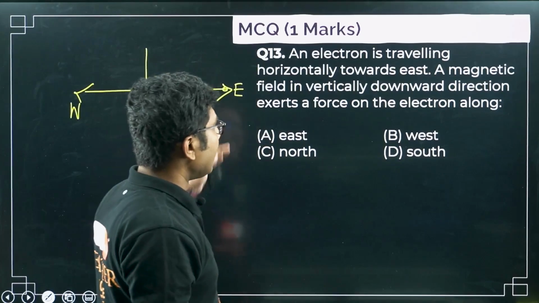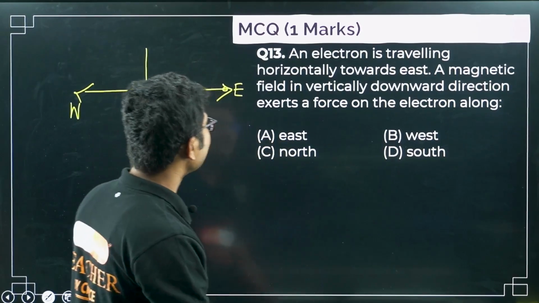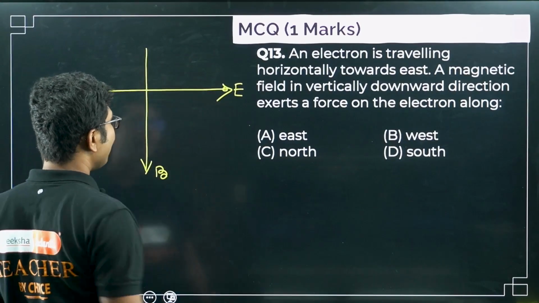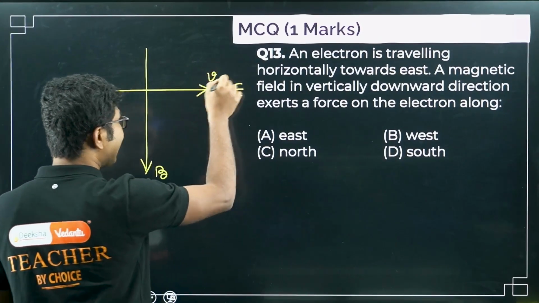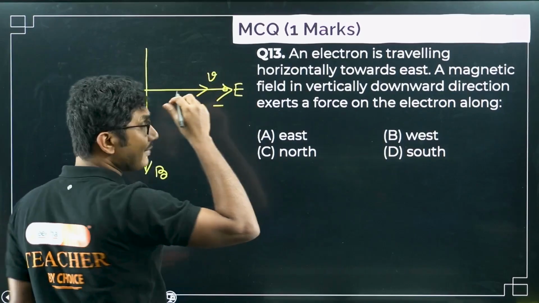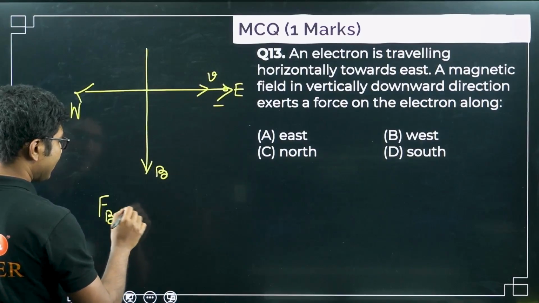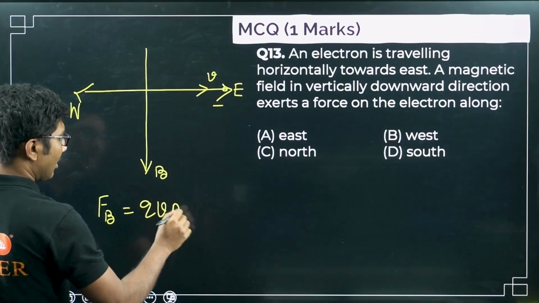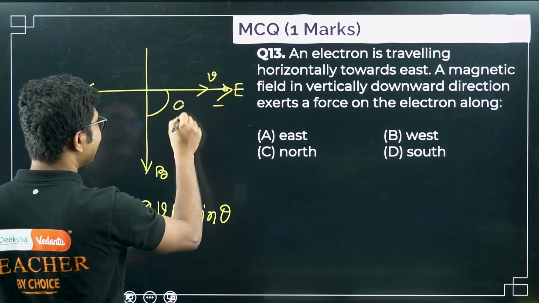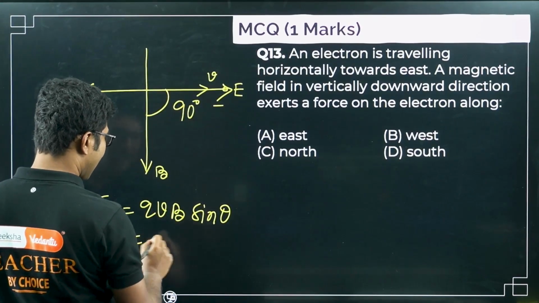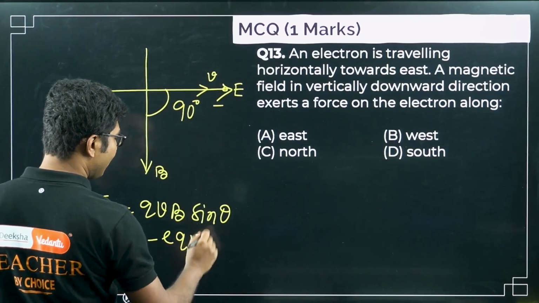Now, this is the force acting, and we know that the particle is moving in this direction. This is a negative charge, right? We know that force is QVB sine theta. Here the angle is 90 degrees, and the charge is negative, so it is minus qVB.